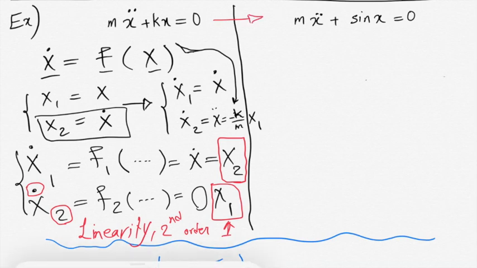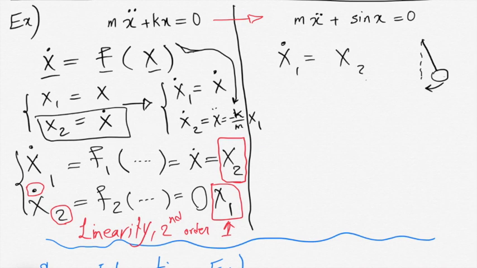a kind of similar equation, but this one has a term sine of x, which is actually the description of a pendulum. So if you do exactly this trick, which we did before, therefore x1 dot will be x2, and also x2 dot will be sine of x, sine of x1.